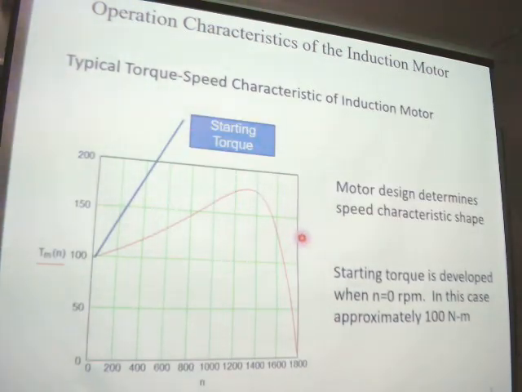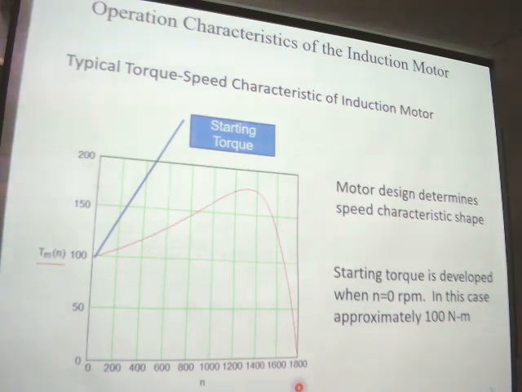If we talk about the torque alone, we just use the torque-speed curve. This is generally used. It's a plot of induction motor torque versus speed, and the speed is from 0 to the synchronous speed.